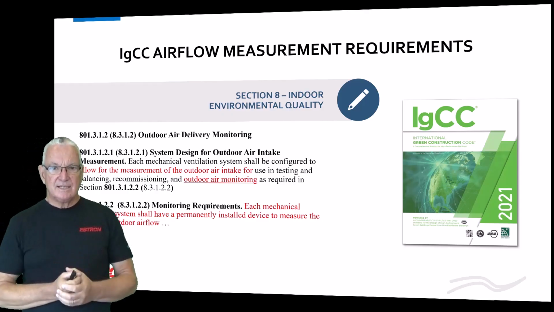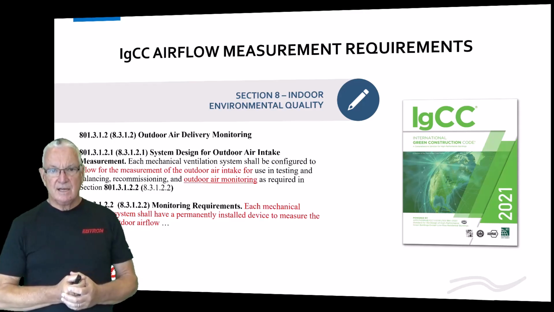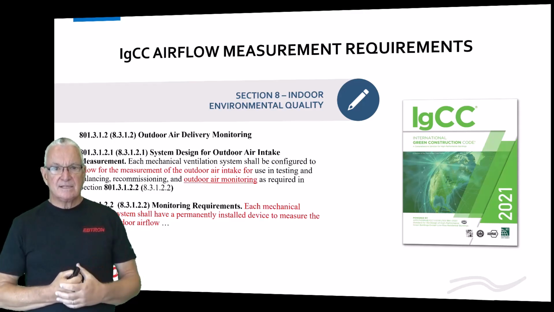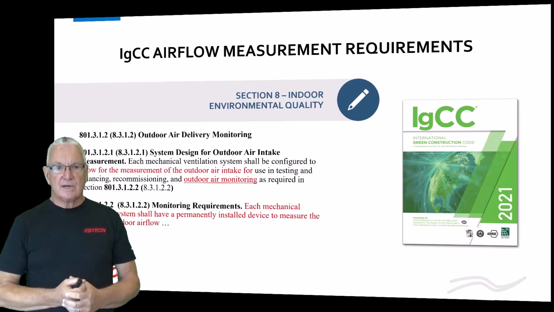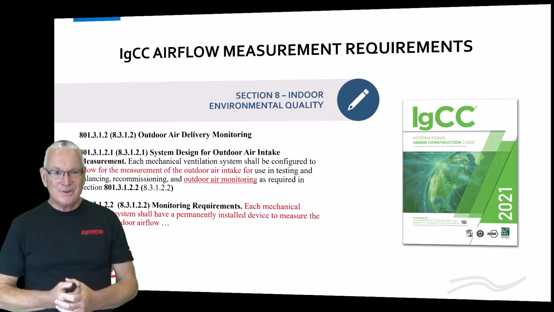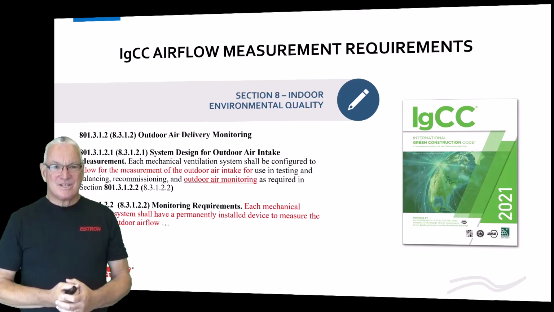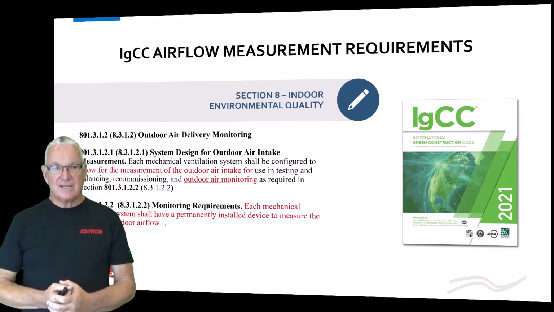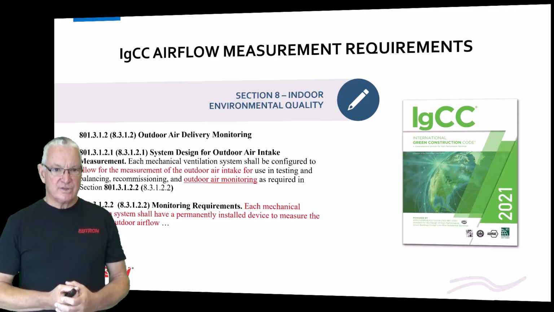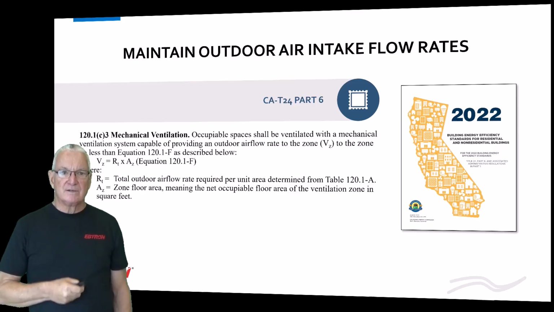Basically when you look at the IGCC, it says each mechanical ventilation system shall be configured to allow for the measurement of outdoor air intake for use in testing and balancing, recommissioning, and outdoor air monitoring as required by section 801.3.1.2.2, which says monitoring requirements. Each mechanical ventilation system shall have a permanently installed device to measure the minimum outdoor air flow. There are some exceptions, but that's something I want you to think about, okay?